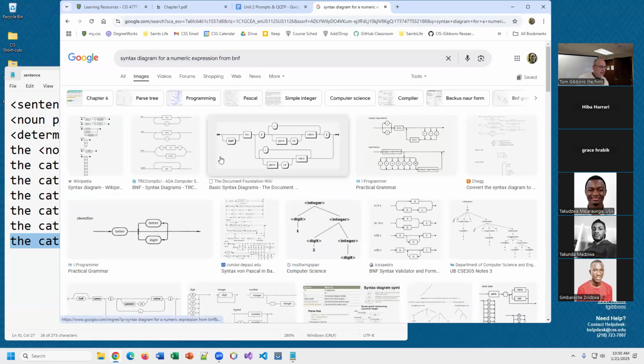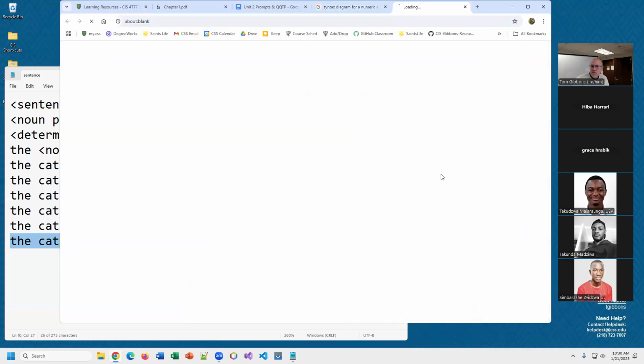I expected to just be able to show my book, but the document camera doesn't seem to be focusing here. So let's look at this one.